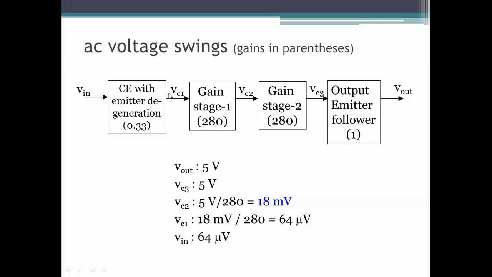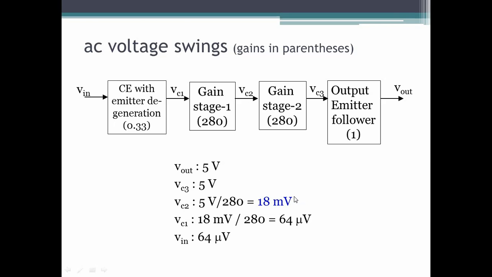So the input amplitude will not be allowed to go above 64 microvolts, because then we'll get distortion at the output. Which means that the amplitude we expect here at the output of the first gain stage is 18 millivolts.